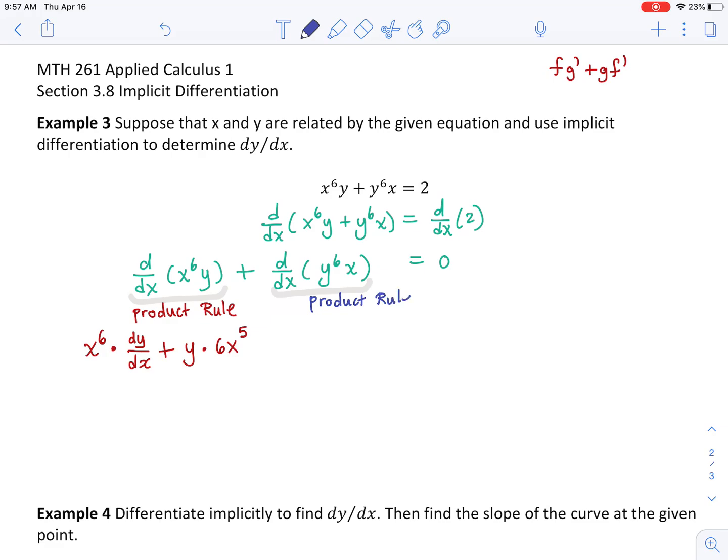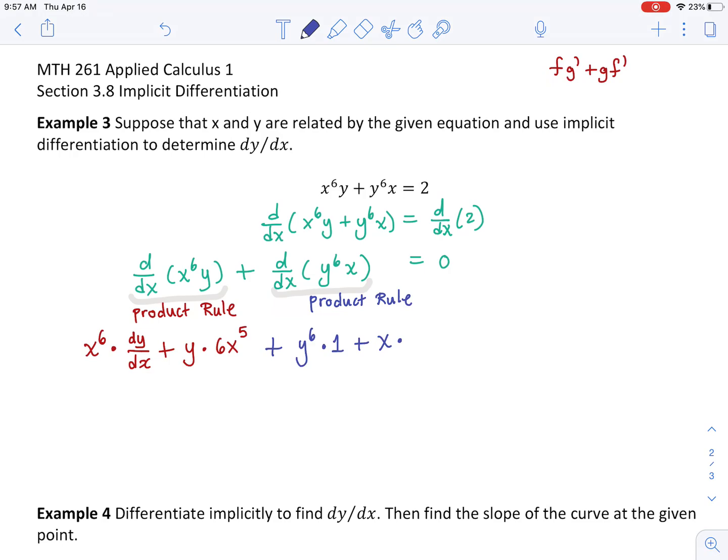Maybe use a blue pen for this. I need to use the product rule again, right? Product rule. I'll say plus sign. So I need f times g. f is y to the 6th, g is x. So if you take the derivative of x, that's just going to give me 1. Plus g times f prime. g is x.